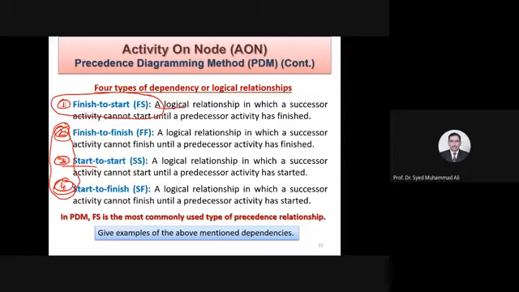For example, four says B will not finish unless A has started. Now, let me come up with an example for SF, the fourth one. It says that B cannot finish unless A has started. Let's say A is the excavation in a house.